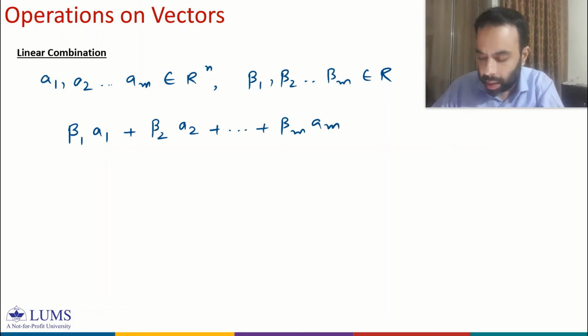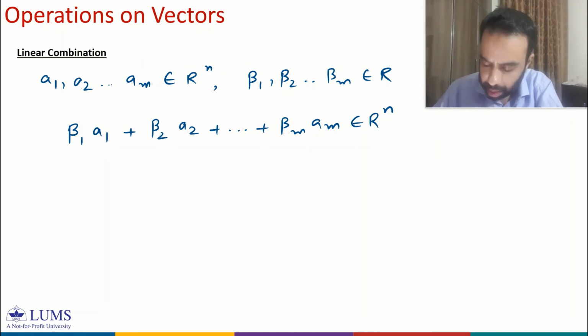And since a1, a2, am belong to Rn, this linear combination would be a vector that belongs to the same space. And this is called linear combination.